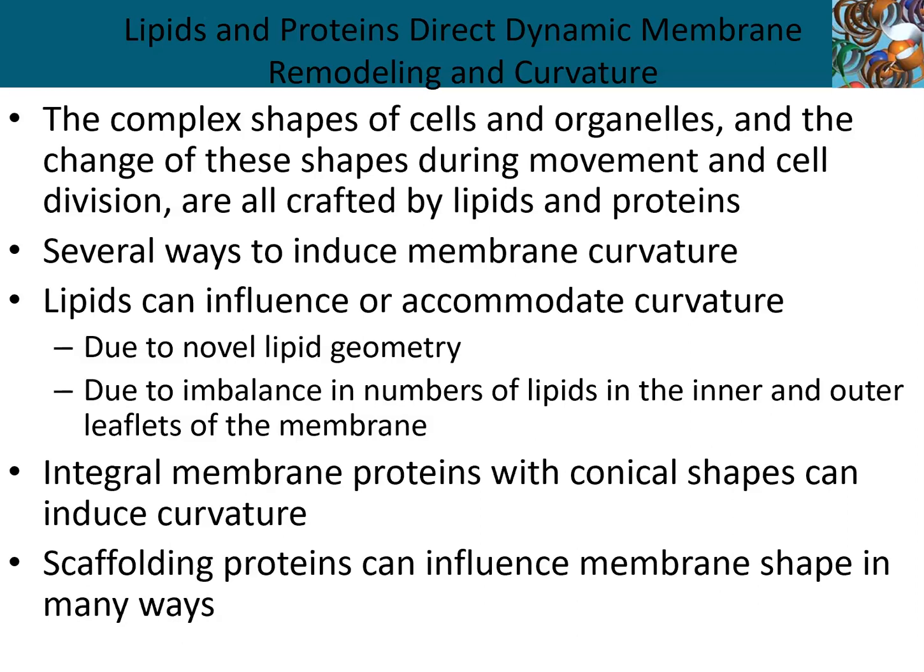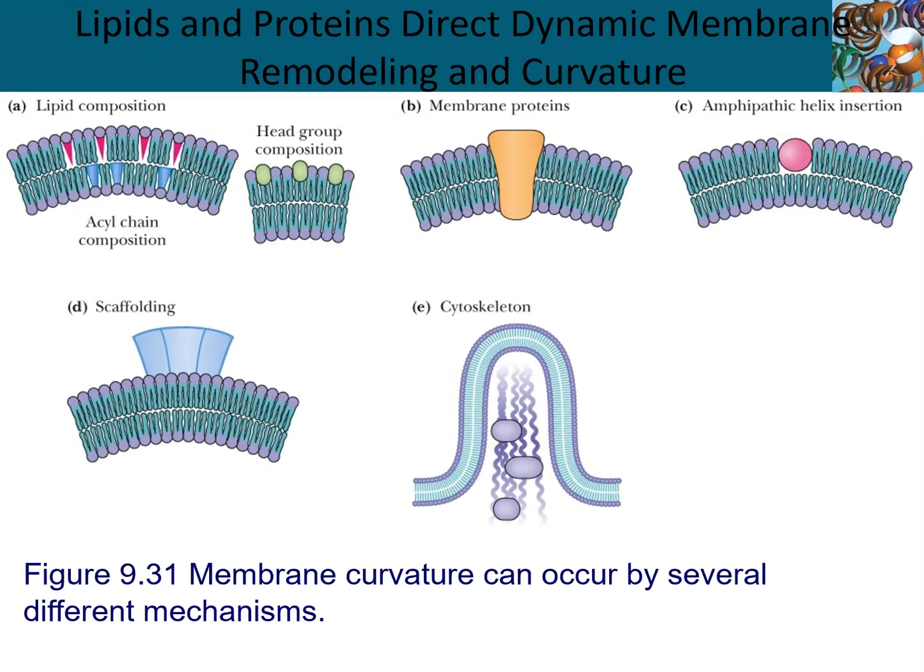But there's also ways you can physically force the membrane to curve by making it interact with different proteins on the surfaces, or by inserting integral membrane proteins which have conical shapes, which can act as a wedge to increase curvature as well. So here's a few diagrams of this. You can see that changing the lipid composition so that you have a different tail structure or head group structure, like what we're seeing in A, can change the way a lipid membrane curves.